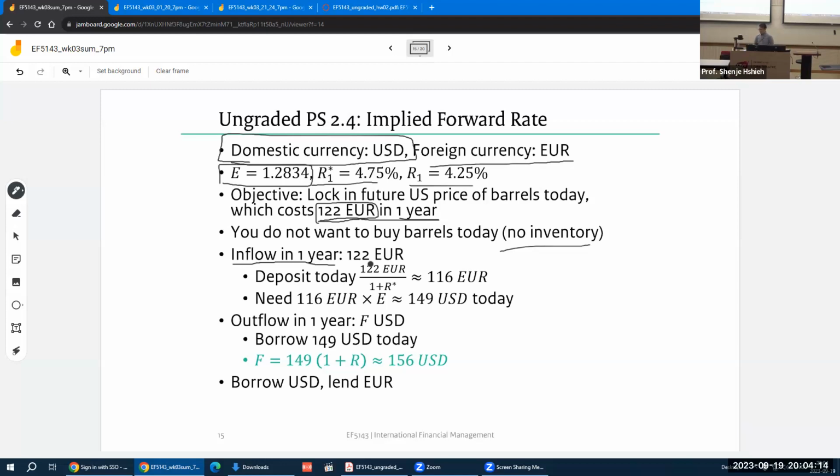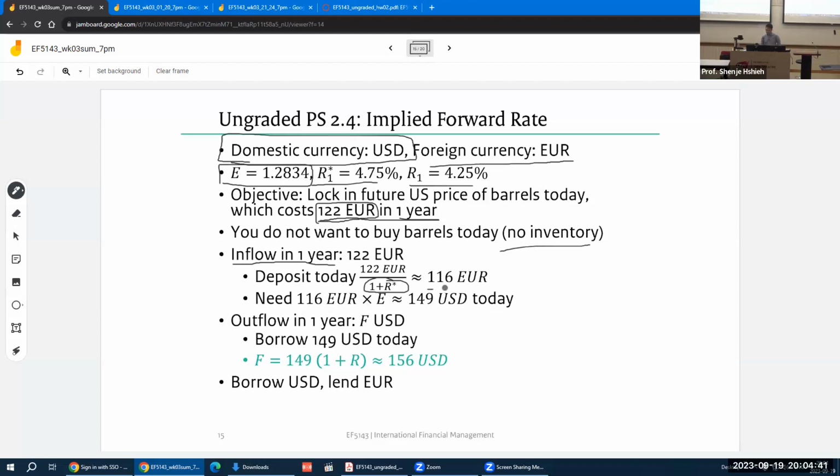We need something less than that because we could deposit some euros in a euro-denominated bank and get 122 1 year from that. So how do you figure out how much money you need to deposit in a euro bank? You simply divide 122 by 1 plus R star, right? That's how much you need today to be deposited in the bank to get 122 in a year.